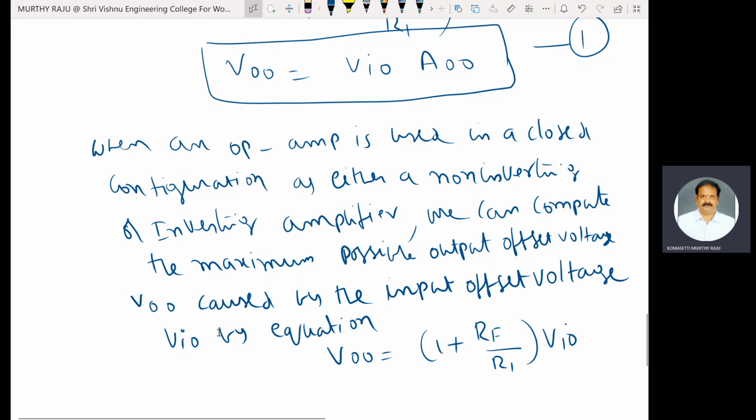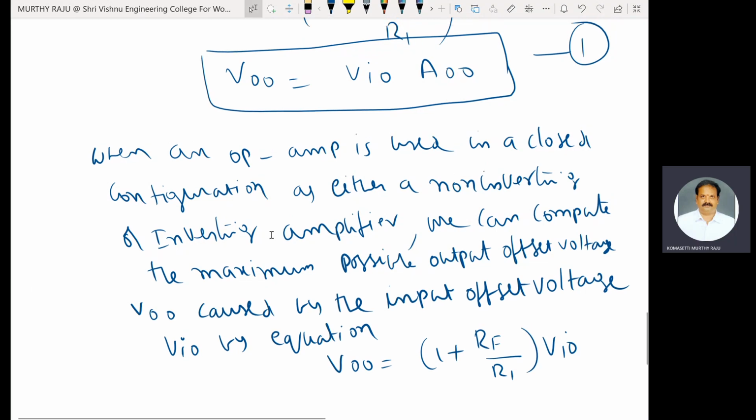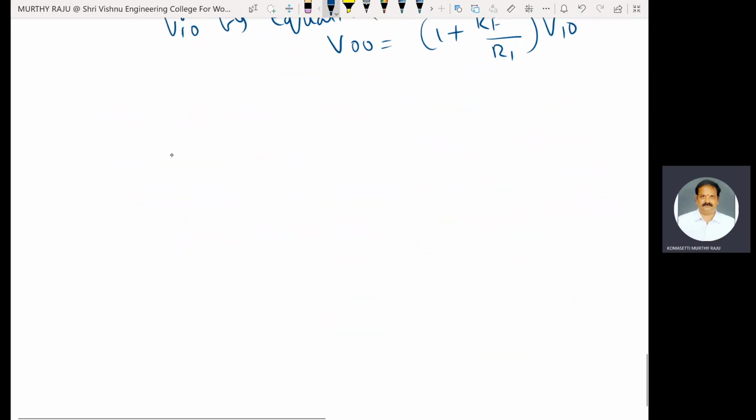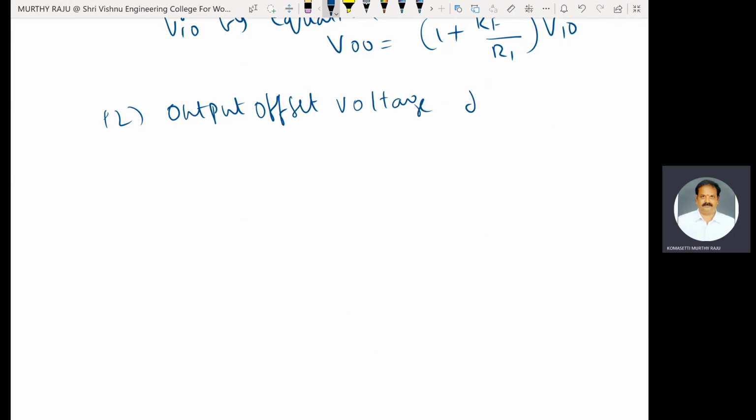Next, the second one is output offset voltage due to input bias current.